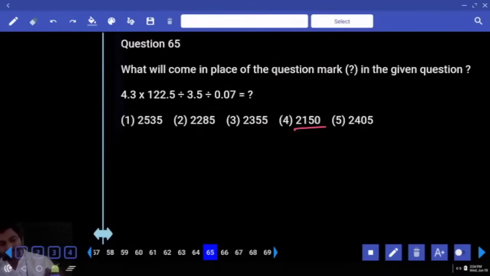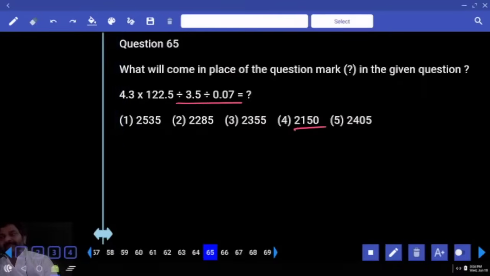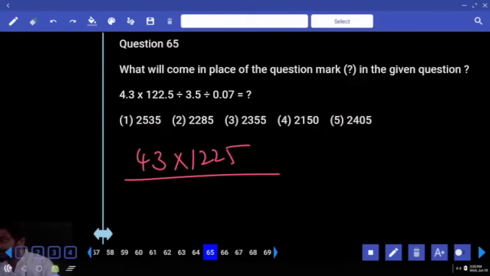It is done. When you have continuous division, those numbers come in the denominator, right? 4.3, 12, 25. How many digits adjusted? 2 digits, correct? In the denominator, how many digits are there after decimal? 3. So if I have to write it as 35 into 7, in the denominator 3 numbers adjusted after decimal, in the numerator 2 numbers adjusted after decimal.